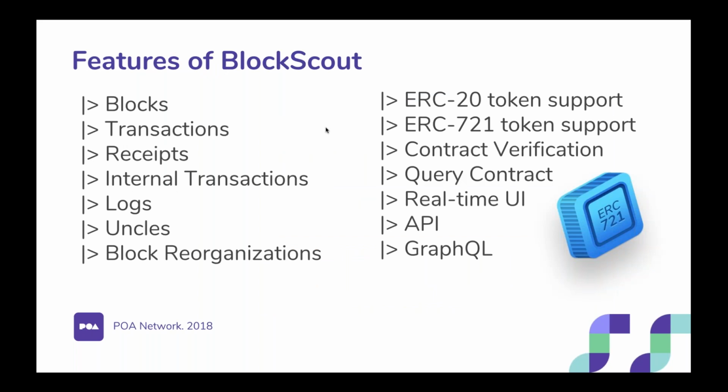We have the typical blocks, transactions, and receipts, but the real fun begins with, of course, block reorganizations. Many users don't know that when we're talking to an RPC endpoint or a node, many times our node will think it's on the main chain when in fact it's veered off onto a fork of the chain.